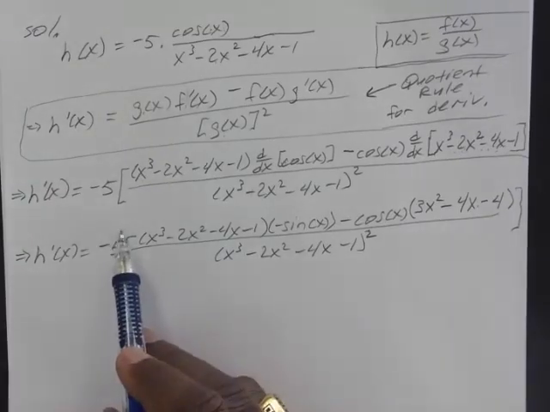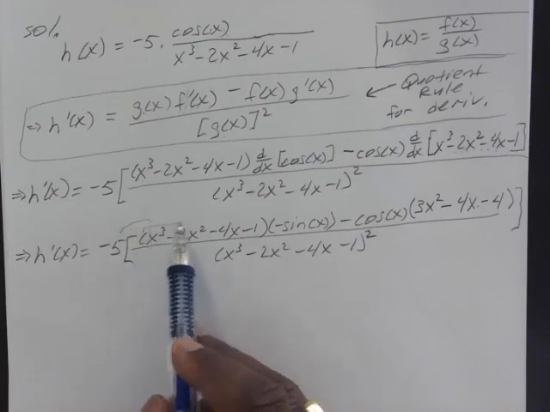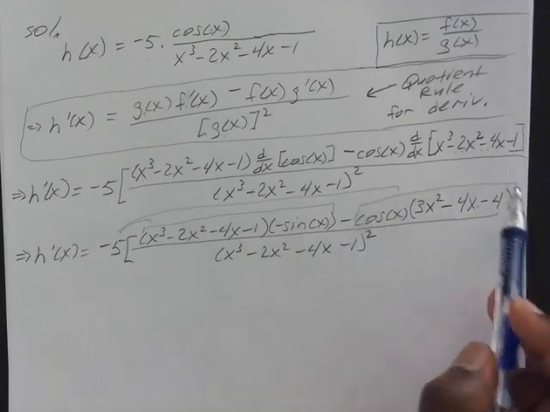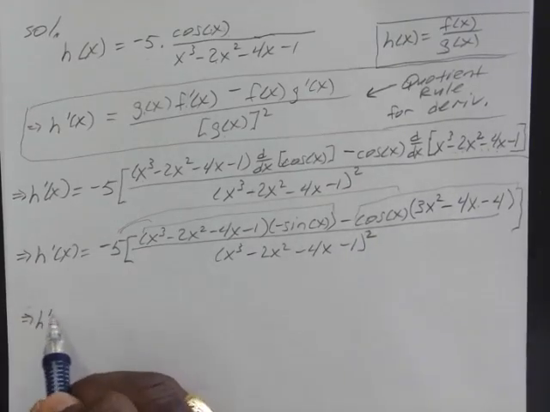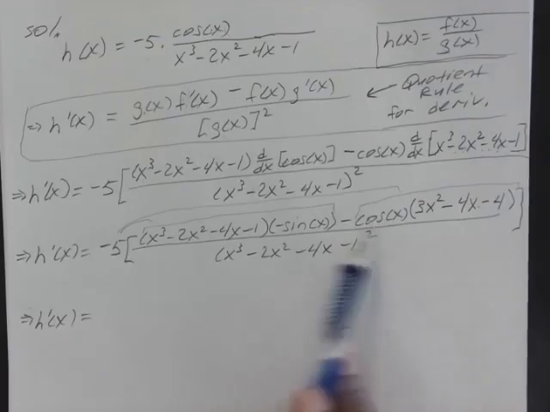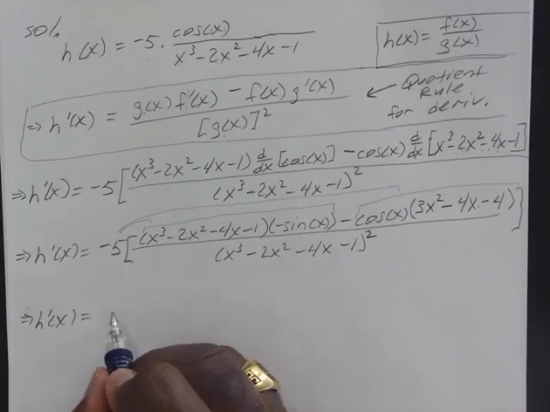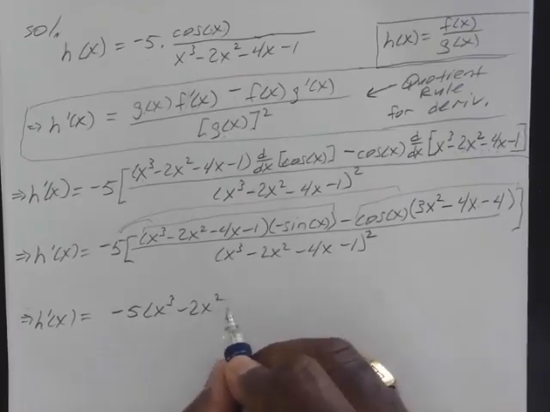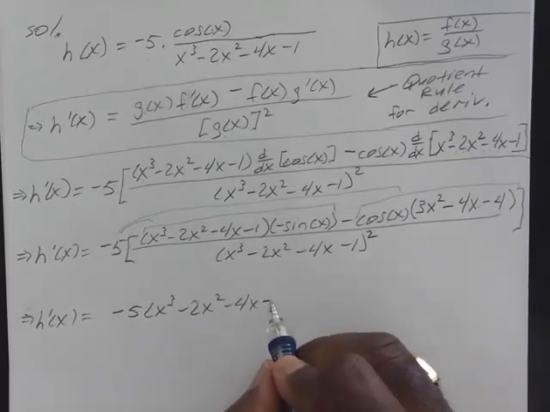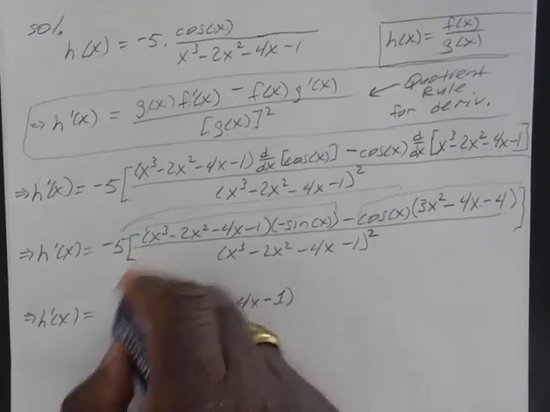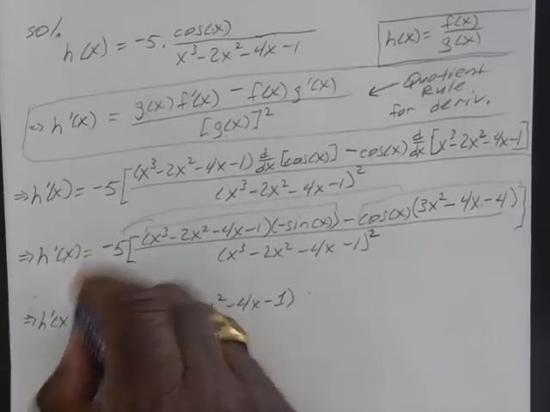Okay. So if we distribute this -5 to this first term, and we distribute this -5 to this second term, that's h prime of x is equal to, and if you want, because this is positive, you could move that one to the front and make that second term negative, but you don't have to. That's -5 times x to the third power minus 2x squared minus 4x minus 1 times sine of x, or you can just make it -5 sine of x. Completely up to you.